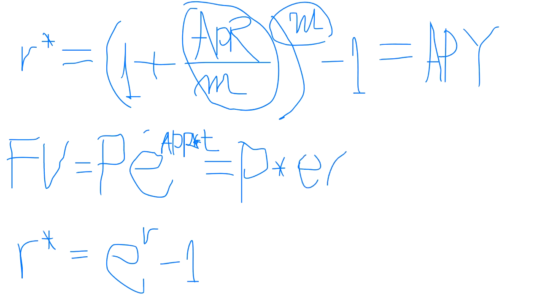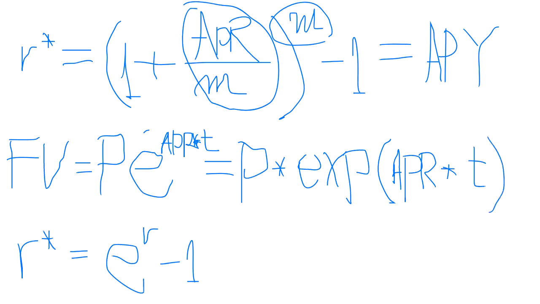Then in the parentheses you enter that APR or r times T. You might wonder, don't we need to raise it to e?